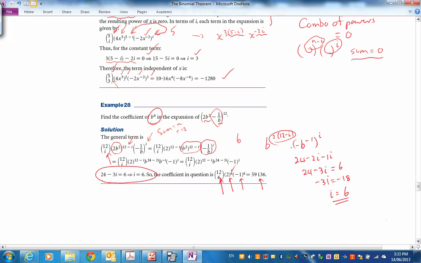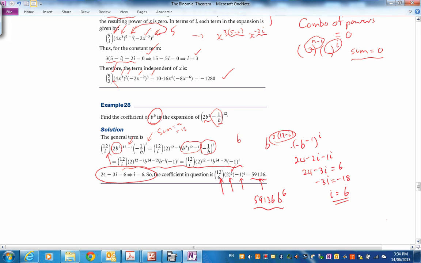Well, we can go back up here and work it all out again with i equals 6 in there, looking at each term and just showing that they come to b to the 6 there. Okay, so that's the coefficient. So this would be the term 59136 b to the 6.